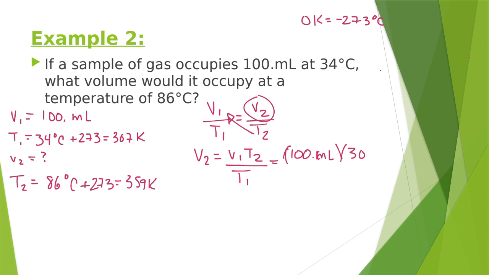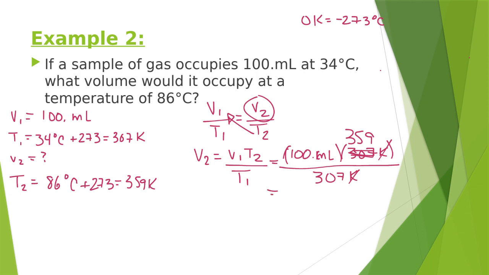Make sure that you're aware of what variables are in the numerator and in the denominator. And I just made a mistake. So it's 359 Kelvin. And then we're going to divide by T1, which is 307 Kelvin.